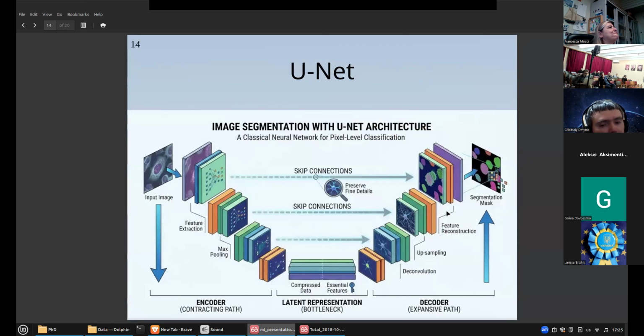In our case, we were dealing with the task of segmentation, which requires not only detecting if the object is present in the image, but also determining which pixels belong to it. A classical architecture for such tasks is UNet, which consists of an encoder, which extracts essential features and compresses them into a compact representation, a decoder, which constructs segmentation masks from this representation, and skip connections, which preserve fine details that are lost during compression.